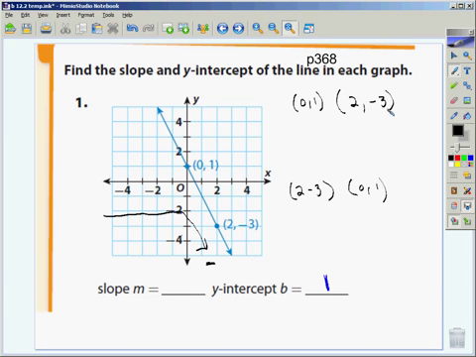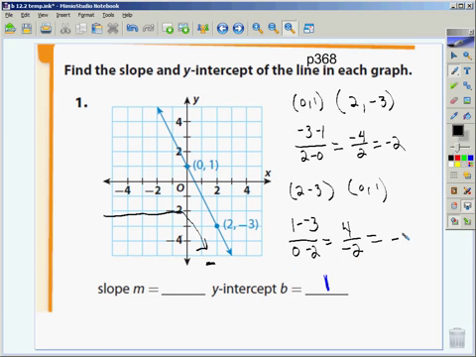So, again, if I did y2 minus y1, this would be negative 3 minus 1 over 2 minus 0. Negative 3 minus 1 more would be a negative 4 over 2, which would be a negative 2. When I come to the next way of doing it, it would say 1 minus a negative 3 over 0 minus 2. 1 minus a negative 3 became 4, but 0 minus 2 became a negative 2.